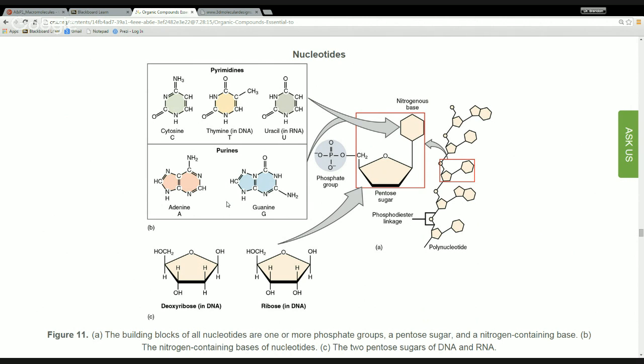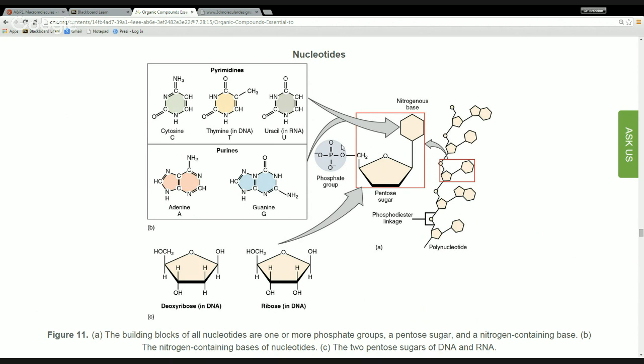But it's worthwhile to stop for a second to think about nucleotides themselves because they're a little bit more complex than a simple sugar or an amino acid or something like that. They're made up of three major parts. There's a 5-sided ring here representing a pentose sugar, or a 5-carbon sugar, which is either ribose or deoxyribose, depending on whether this is a nucleotide for RNA or DNA.